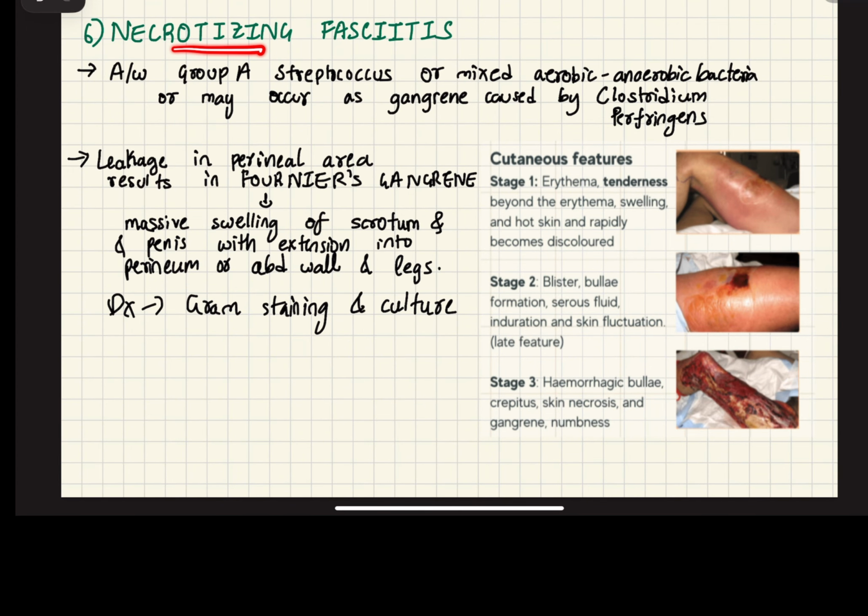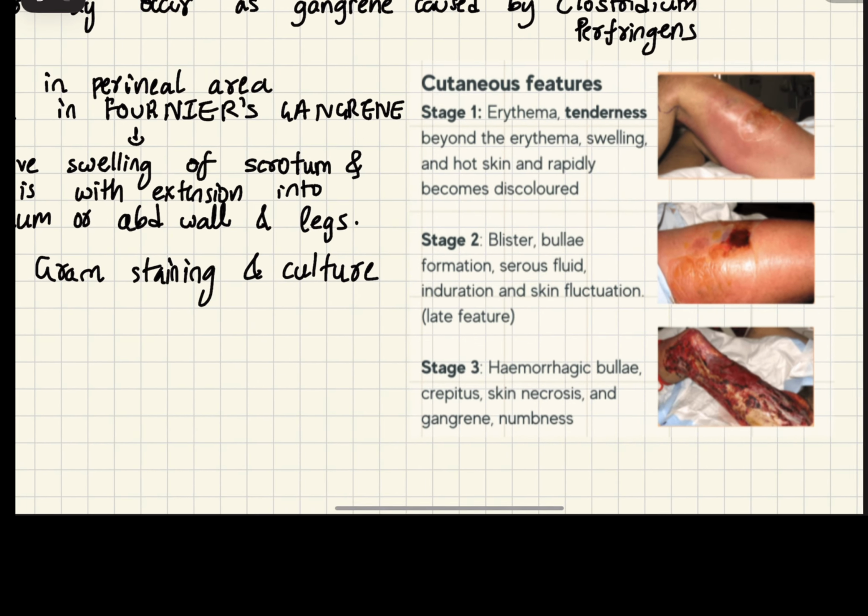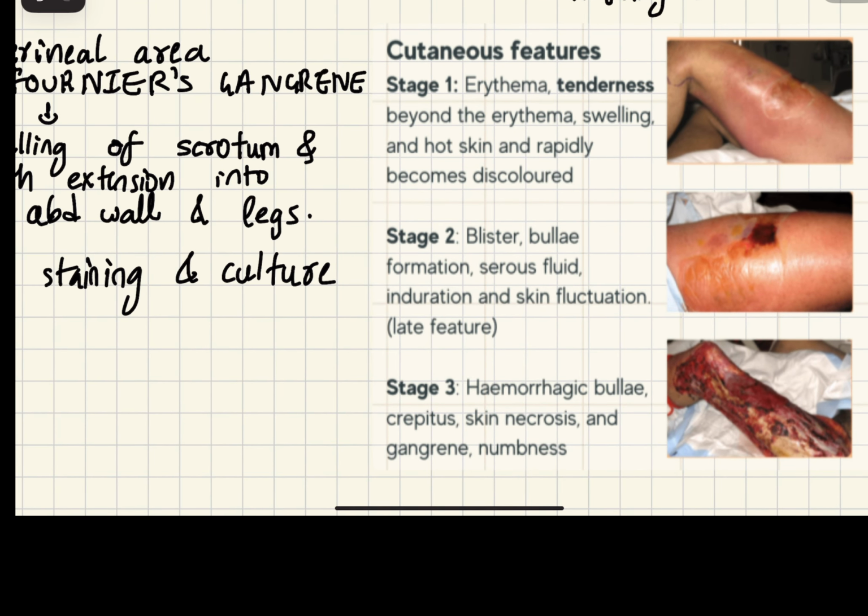Next is necrotizing fasciitis, flesh-eating frenzy. They are associated with group A streptococcus or mixed aerobic-anaerobic bacteria, or may occur as gas gangrene caused by Clostridium perfringens. The cutaneous features are divided into three stages. In stage 1, you can see erythema, tenderness, swelling beyond the erythema, and odd skin that rapidly becomes discolored.